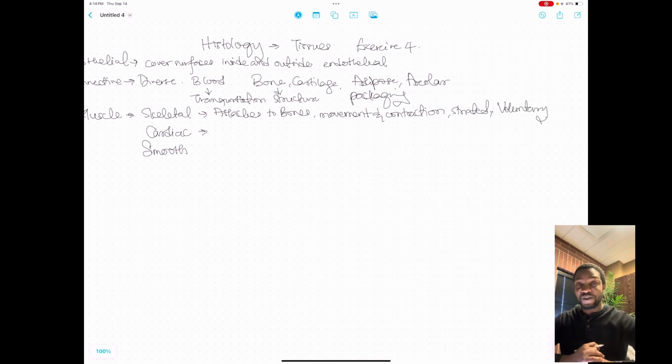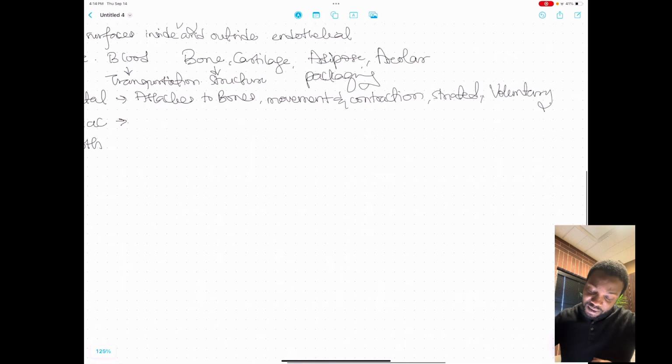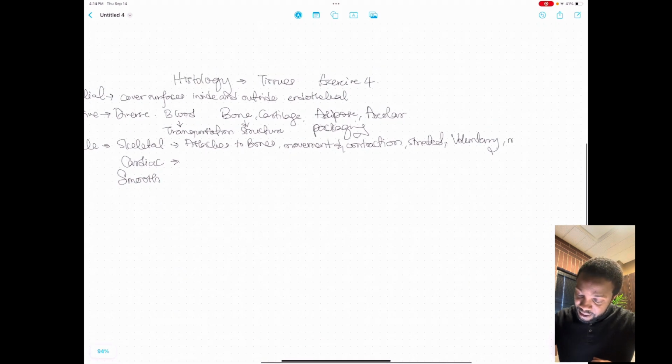There are occasions where it may not be completely voluntary. Can you think of an occasion where skeletal muscle is involuntary? Shivering. When you're shivering and it keeps you warm, that's skeletal muscle. So it's striated, it's voluntary, it's multinucleated. That means it has a lot of nuclei. So those are some major characteristics of skeletal muscle.